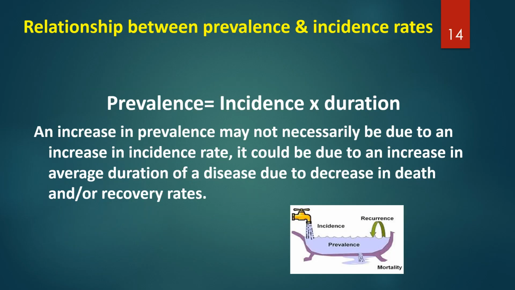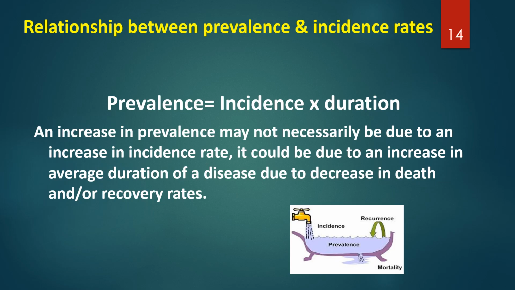So the relationship between prevalence and incidence rate. We can say that an increase in prevalence may not necessarily be due to an increase in incidence all the time. An increase in prevalence could happen because there's an increase in average duration of the disease.